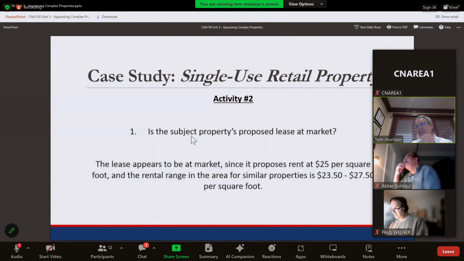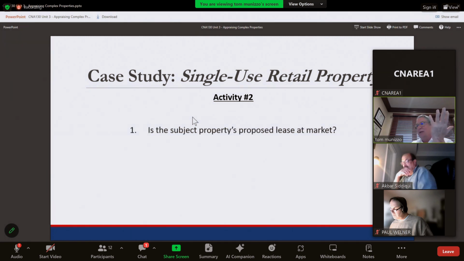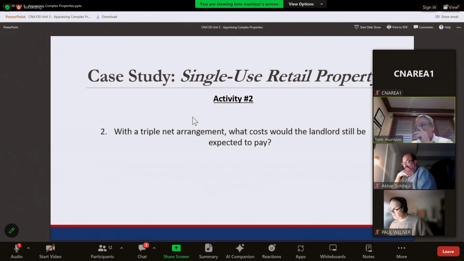And activity 2 is the subject's proposed lease at market. At 25, it certainly fell within the $23 to $27 range, right? We're right in the middle of the range, so it is at market. With a triple net, what cost would the landlord still be expected to pay?